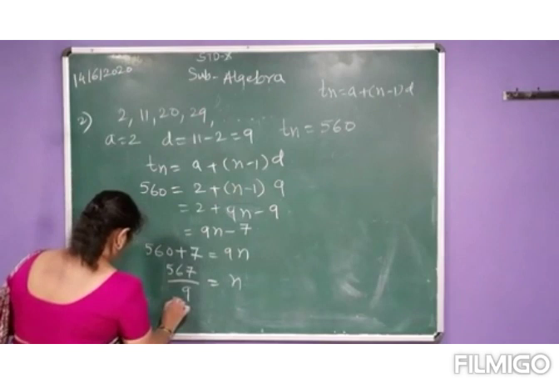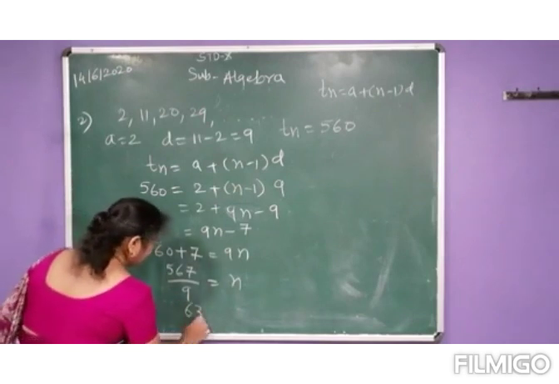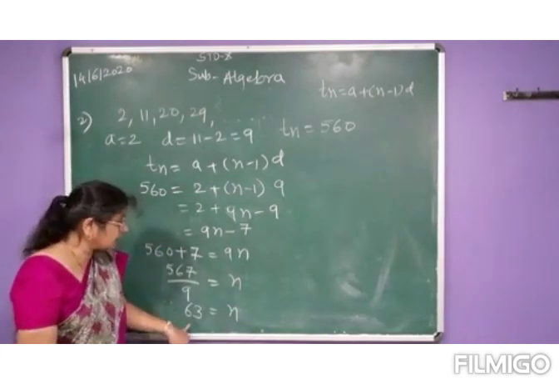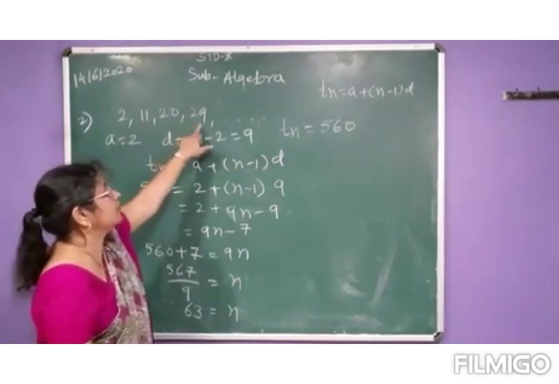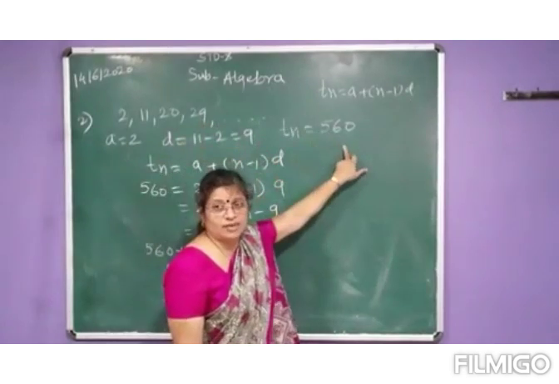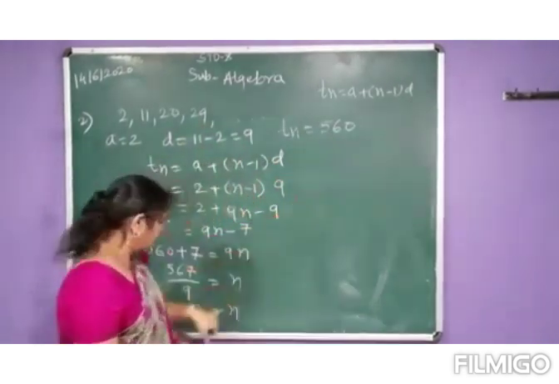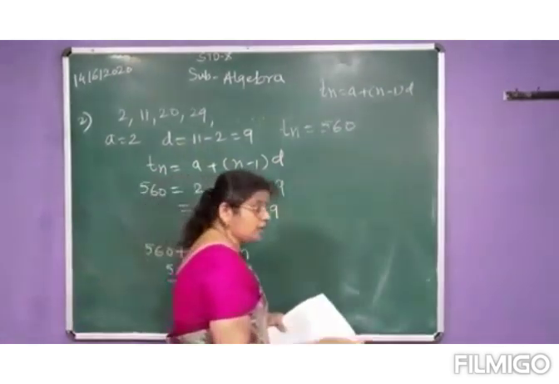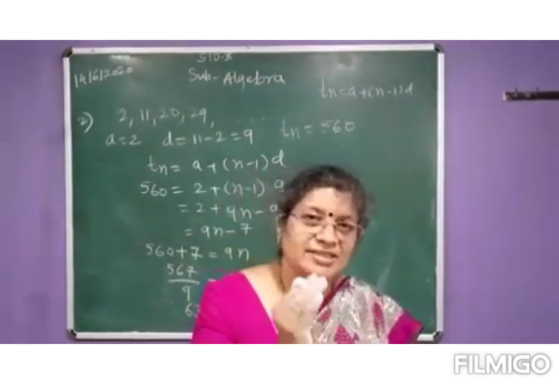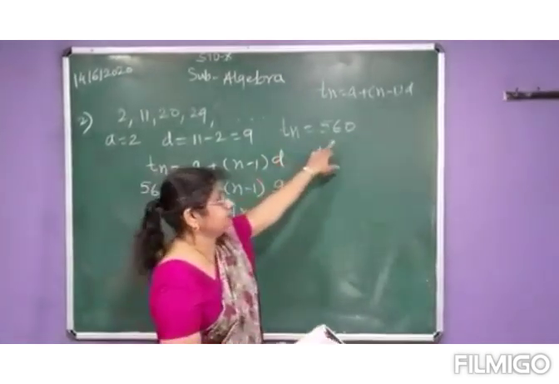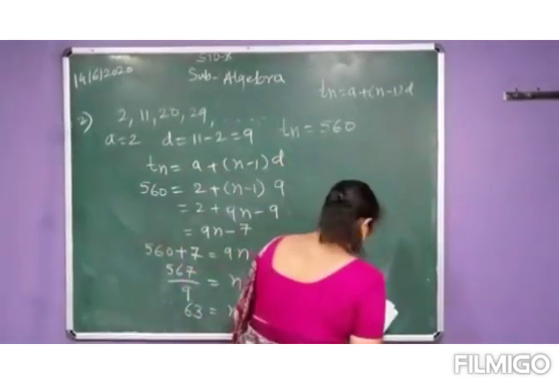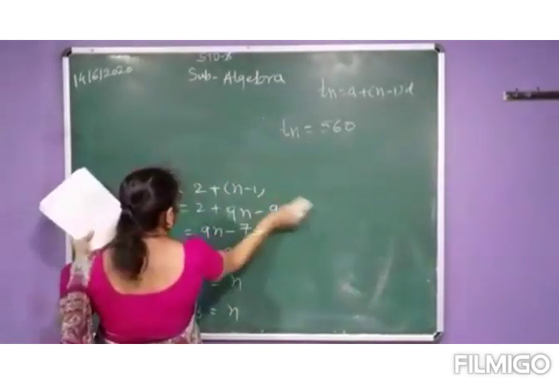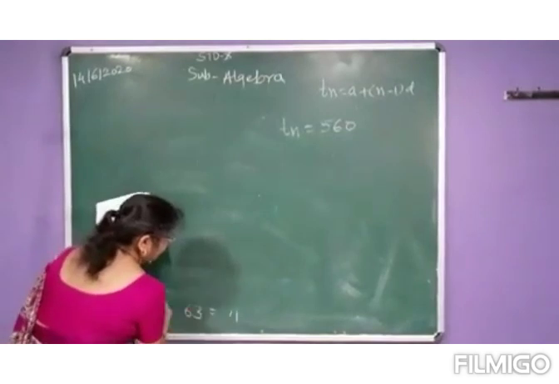So n is equal to, what answer will I get? 63. So the 63rd term of this arithmetic progression is 560. So the n value is 63. Have you understood the difference between n and Tn? Okay. Now we will go for the third solved example. The third solved example is again a little different.